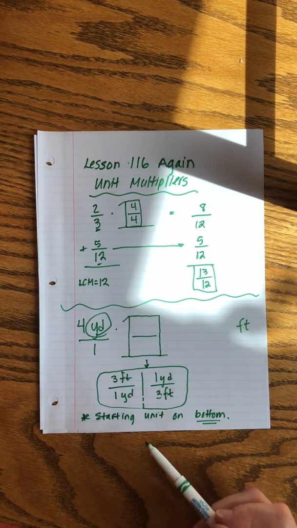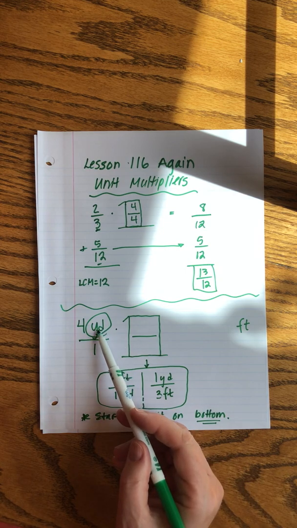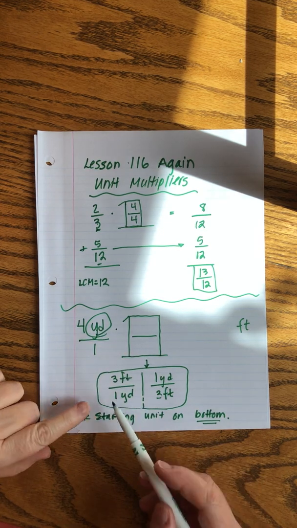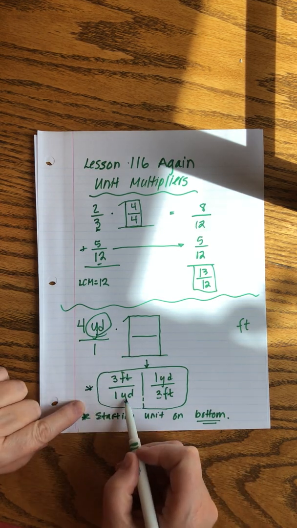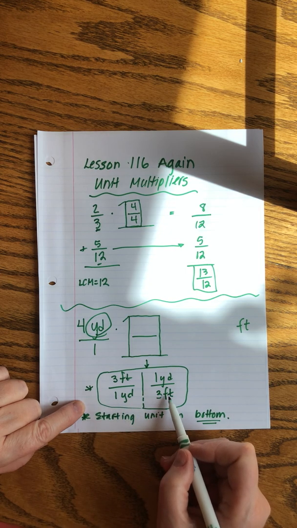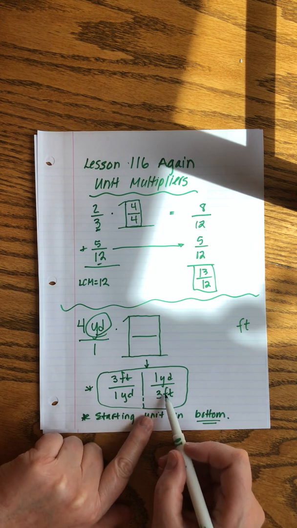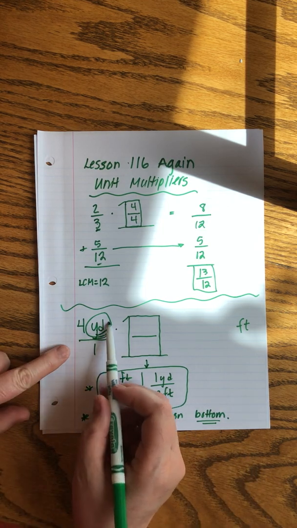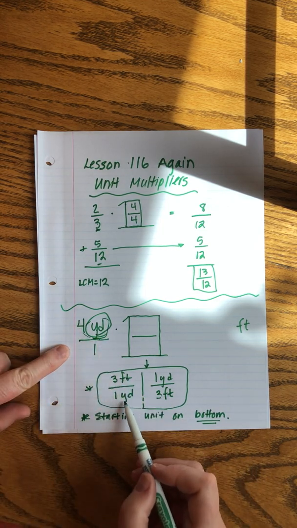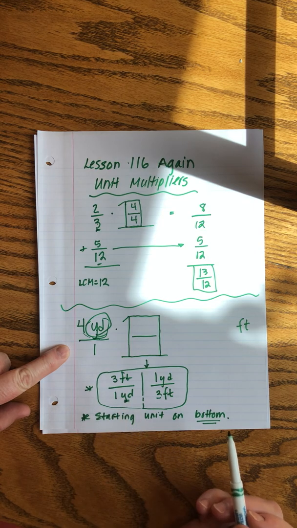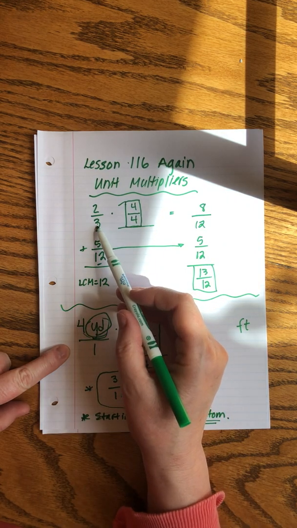Our starting unit is yards, so we want this one because it's got yards on the bottom. If our starting unit was feet and we were trying to go into yards, then we would choose this one. We simply look here and then choose the one that has the same unit on the bottom.